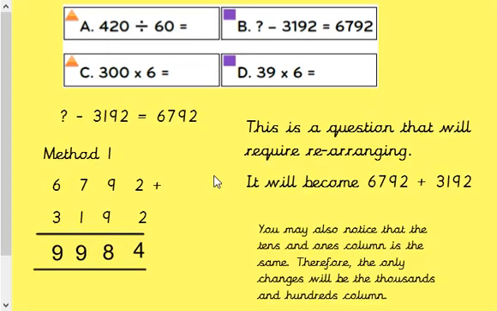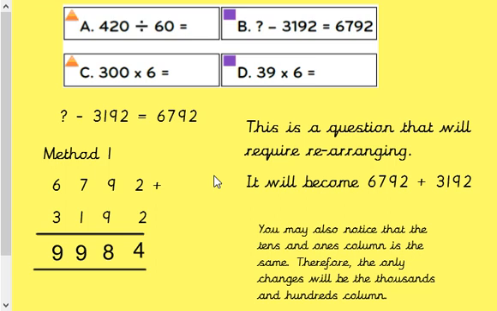Our third question this morning is a bit trickier, and it's a mystery number. Take away 3,192 will equal 6,792. So I think what we need to think about doing here is rearranging the order of the sentence.